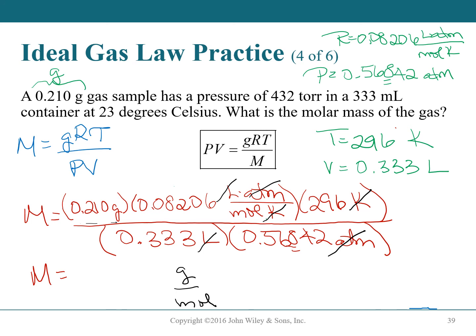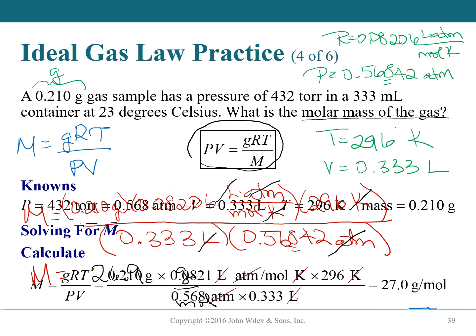For 3 significant figures, it's 26.9 grams per mole. So whenever we want the molar mass of a gas, you're going to use this version of your ideal gas law. Or you can do 2 steps, get the moles and then divide your sample mass by the number of moles. But it's very easy to use this version of the equation.